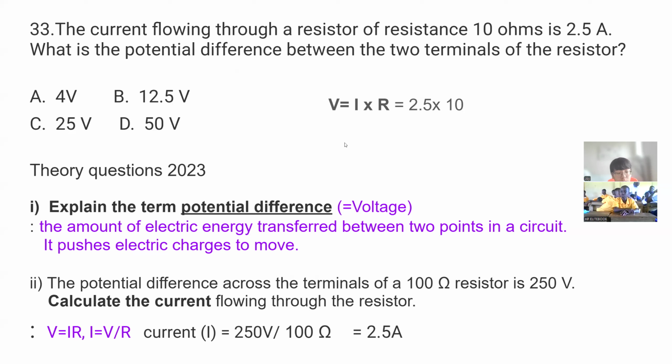So I equals V over R. Since voltage is 250, over 100 ohms, you will get 2.5 as the current. And the unit is ampere. Always write the A.